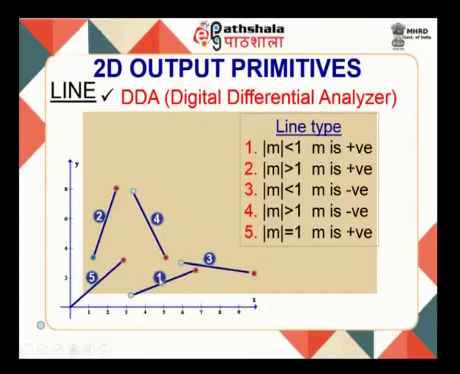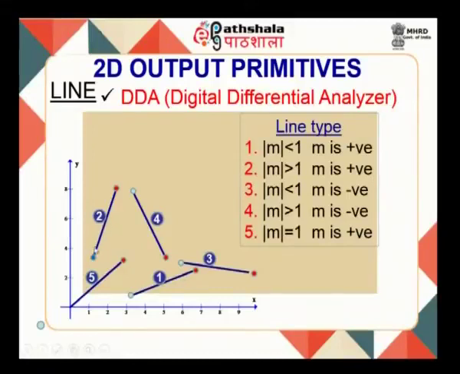The algorithm's input should be the starting and ending points, and the algorithm should compute all the in between points that make up the line. Now, line type 1 is more inclined towards the x axis. See the inclination here, it is more bent towards the x axis.